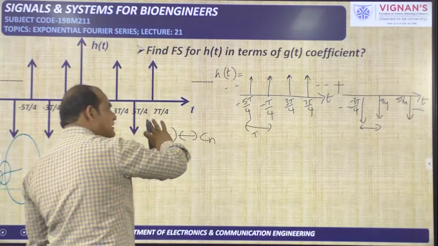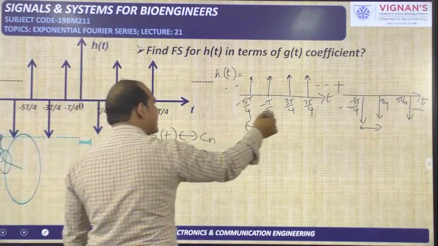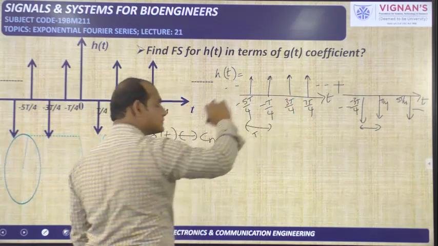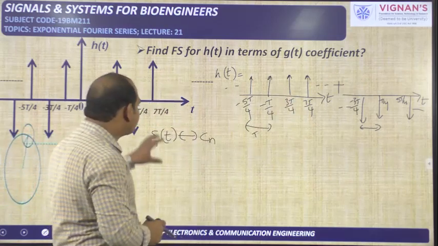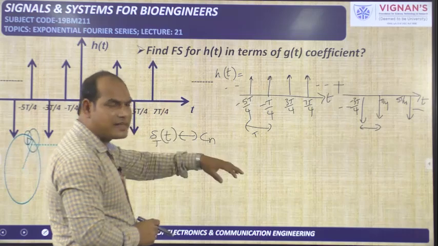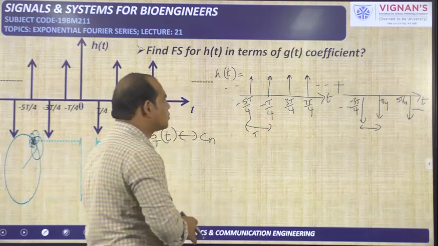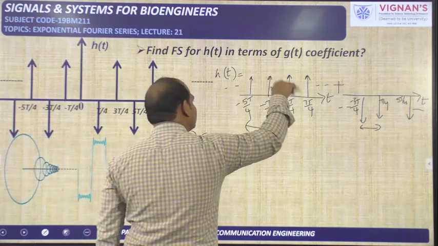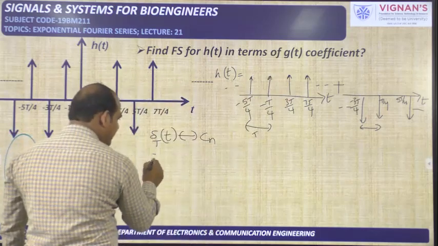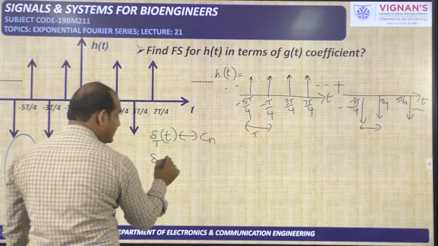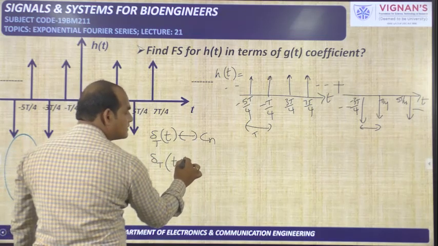The impulse train has to be shifted to the right by 3T by 4 seconds. If it is shifted right by 3T by 4 seconds, then this signal will be obtained. So this entire signal can be written mathematically as delta T of t minus 3T by 4.